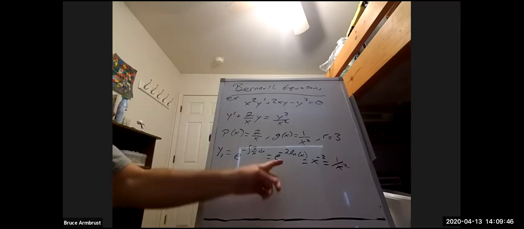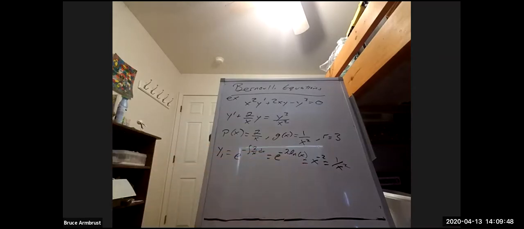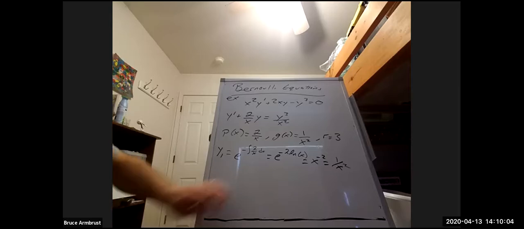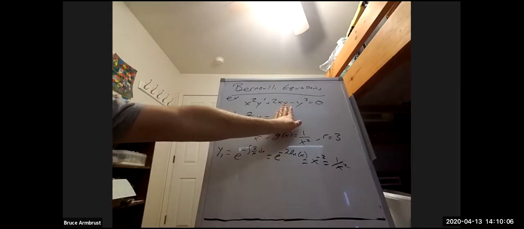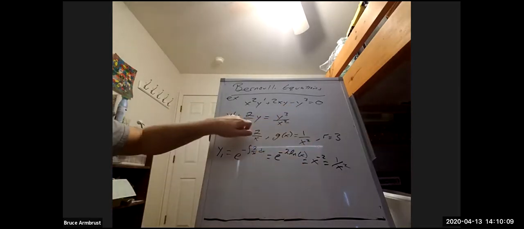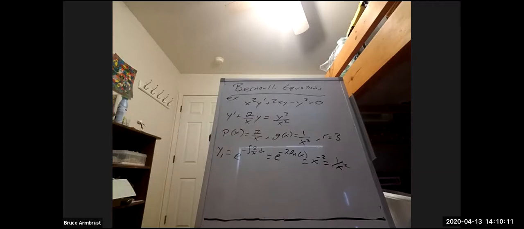Now I know we could have put a plus c in there, but remember y1 is any solution to the homogeneous. So I'm going to pick the easiest one, which is with c equals 0. So there is a solution to the homogeneous differential equation. If we cover up this y cubed over x squared, the 1 over x squared is going to make this thing equal 0. All right, so we found y1.